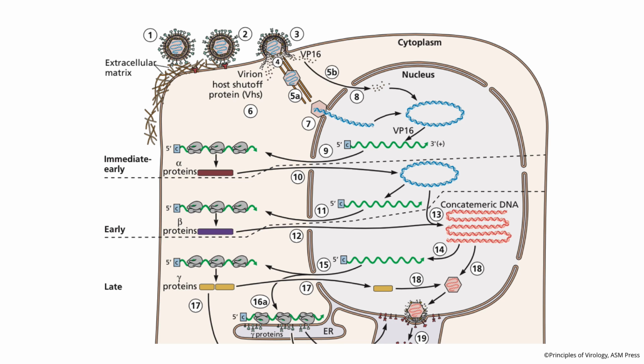The VP16 allows efficient transcription of immediate early mRNAs, and those encode proteins that are then needed for early gene mRNA transcription, which would include the proteins you need for DNA replication. And then finally, the DNA replication relieves occlusion of late promoters. You get late proteins which encode structural proteins. So it's a very interesting combination of transcriptional regulation and DNA synthesis to get the proteins when you need them.